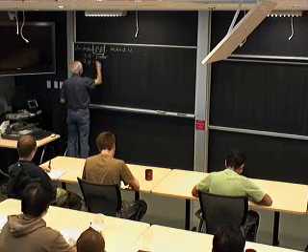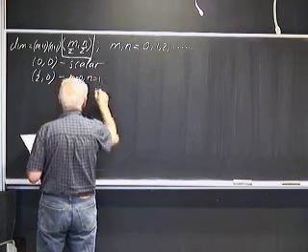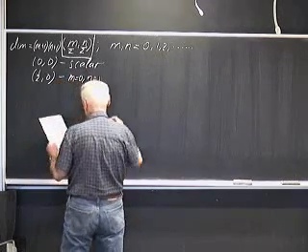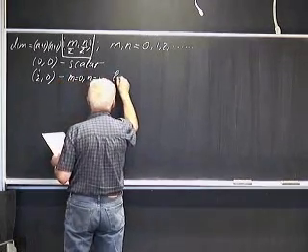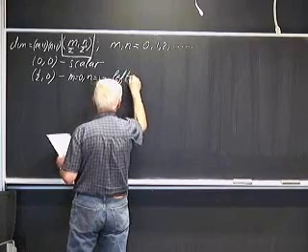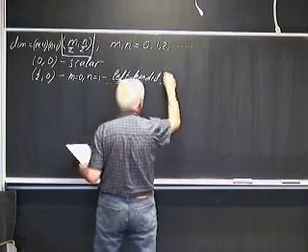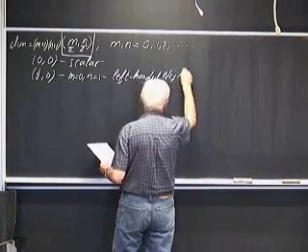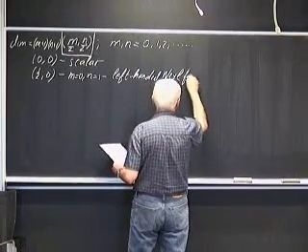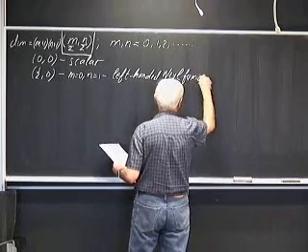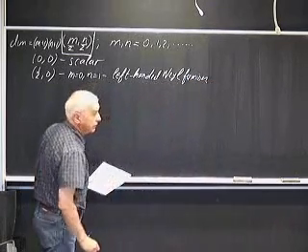So this is M equal 0, N equal 1, and this is left-handed fermions. It's like actually our neutrinos.